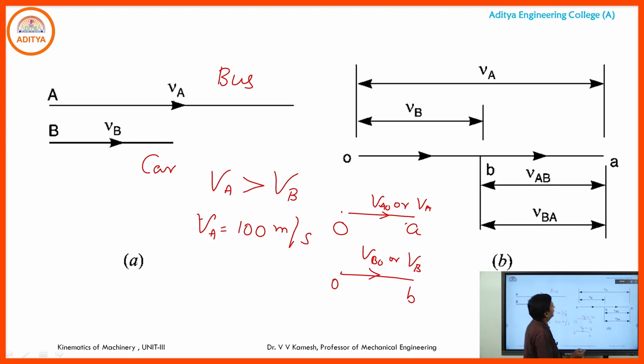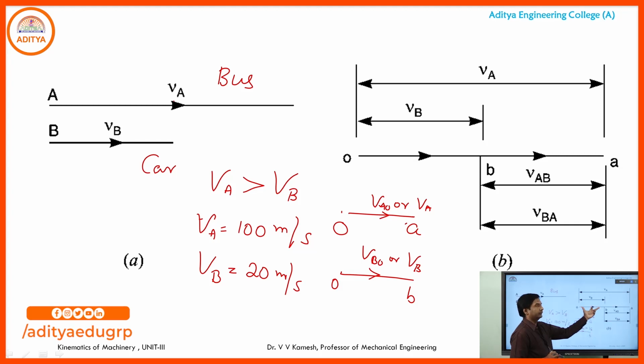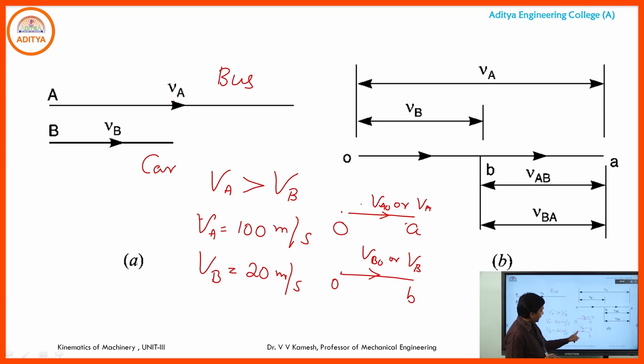Let us take VB as something less than VA, so it is 20 meters per second. VB is OB. We are combining these two because they are moving along the same parallel line and generated from the same point O. So we combine these two: OBA.